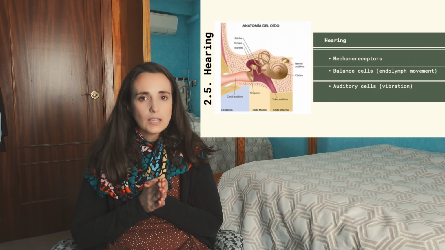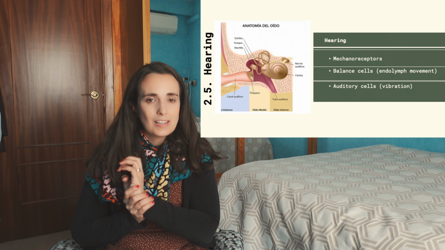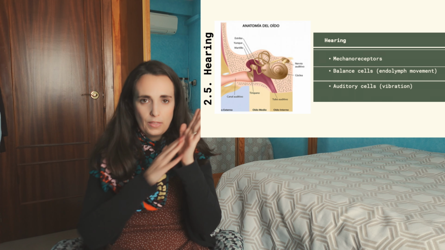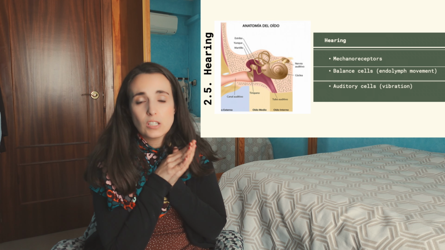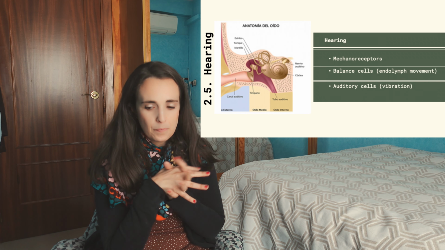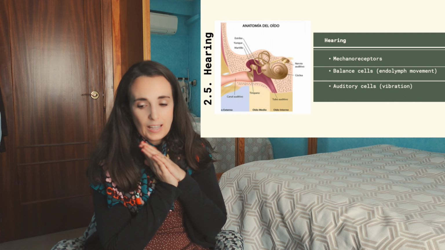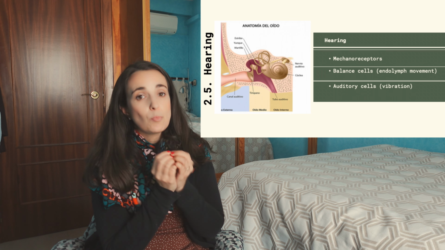The sound actually is waves, so it's the vibration of the air that once it gets in contact with the membrane will be changed into vibrations in this liquid. Okay, so if you remember, before I told you that mechanoreceptors are the ones that detect vibration.